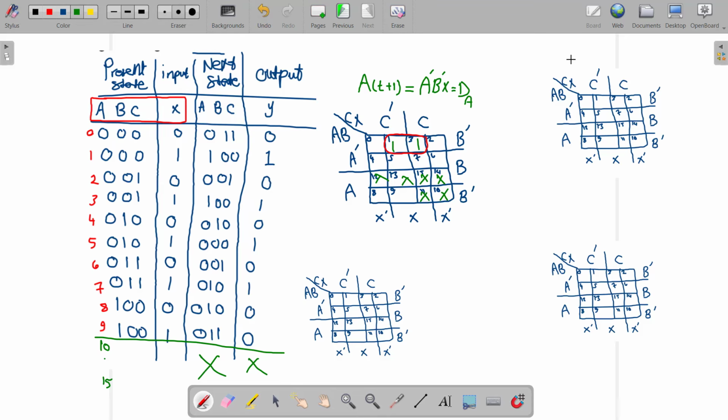Okay, for the B(t+1), let's write it here.